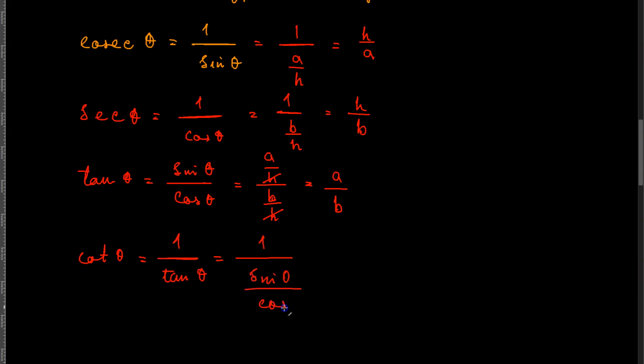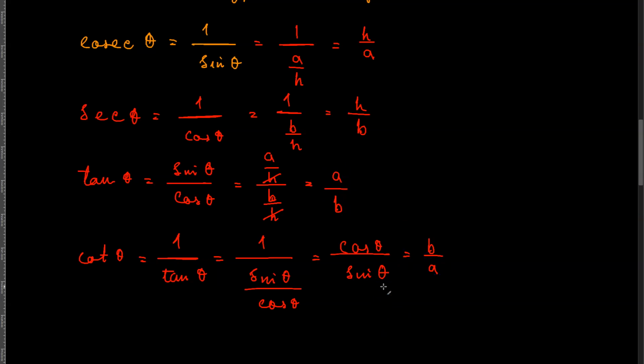And what is one divided by this fraction? You will get the reciprocal of that, which is cos theta by sine theta, right? That means that basically cot of theta is the reciprocal of tan theta. That means that instead of a to b, you will get b to a.